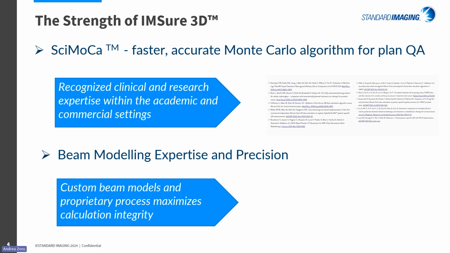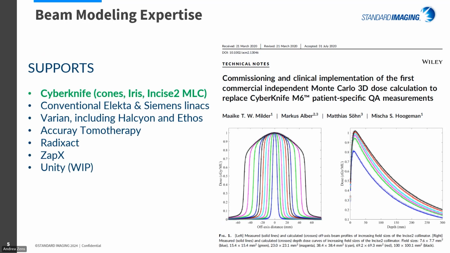Moreover, the CyMocha algorithm is well proven as it has been associated with many peer-reviewed publications in both academic and commercial settings. To add to this, IMSure 3D offers beam modeling expertise and precision. IMSure 3D uses a proprietary process to create custom beam models which ensure the highest level of precision achievable.